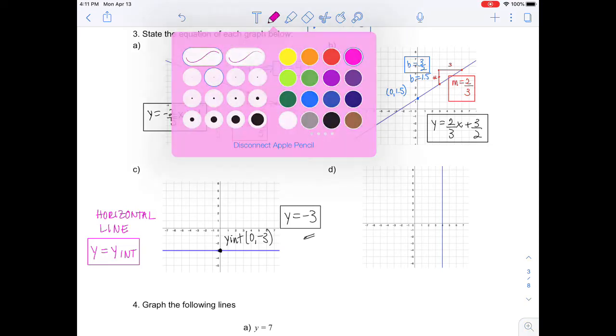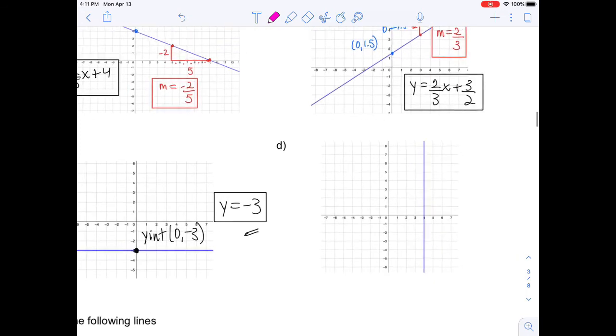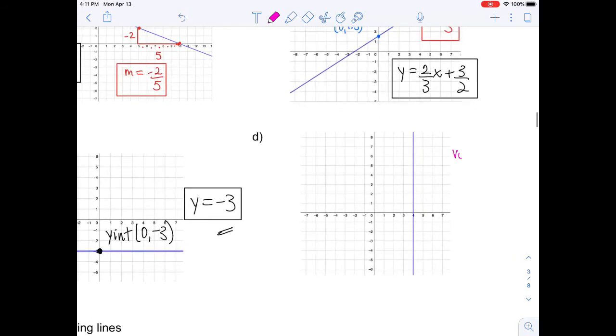What about this line in part D? Well, this is what we call a vertical line because it goes up and down. If you don't remember from the lesson, we also learned that the form of this line is x equals x-intercept.